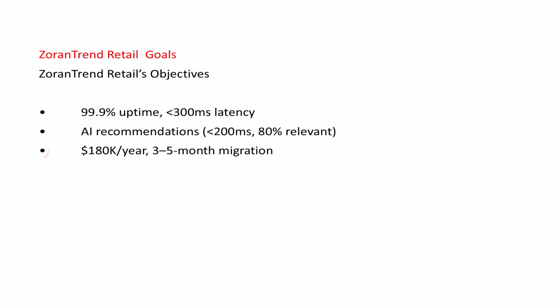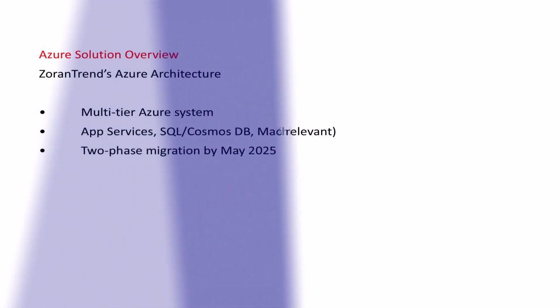These goals must be met within 3 months, with a $50,000 budget by March 2025 and $100,000 total by May 2025, reducing annual costs to $180,000, saving $15,000 monthly.